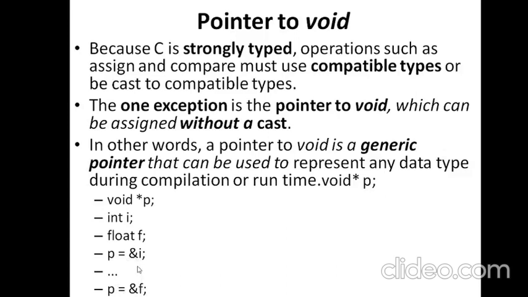Both addresses are successfully accepted and stored in the pointer, and there are no complaints from the compiler. This is the benefit of the void pointer: the pointer gets transformed into different data types based on the type of value it gets assigned.